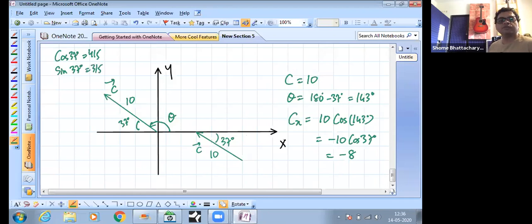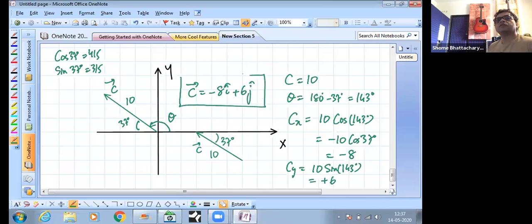I gave you that table of values last time. Similarly, Cy will become 10 sin 143 degrees, so doing that, you will get its value as plus 6. So the vector C now in component form will become the x component, which is minus 8, plus the y component, which is plus 6. This should become our answer.